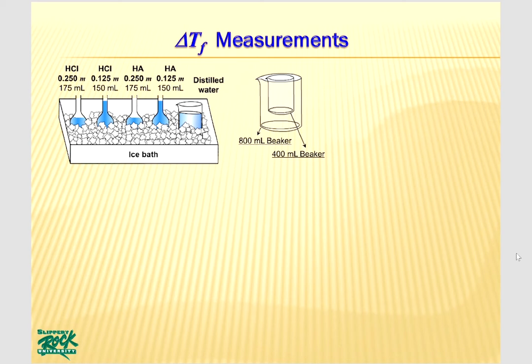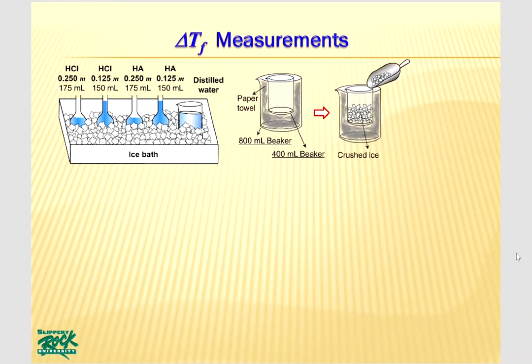Fill the space between the 2 beakers with paper towel to make a good thermal insulation. Fill the inner 400 milliliter beaker about 1/3 full with crushed clean ice. Add about 100 milliliters of the chilled distilled water to the inner beaker.